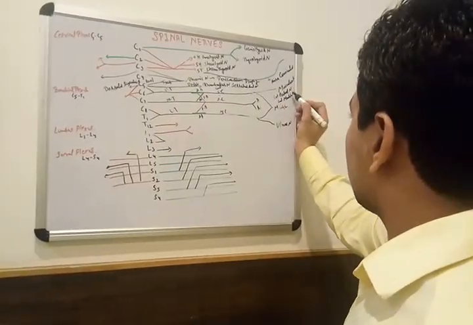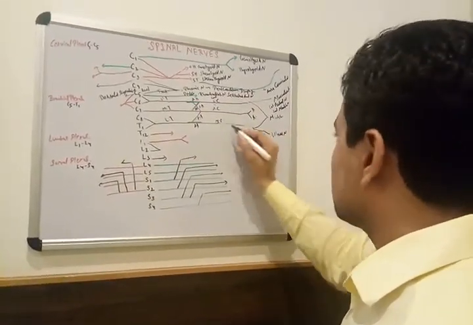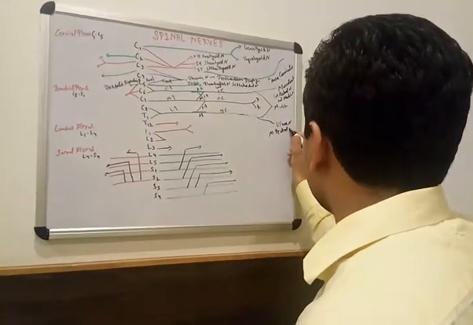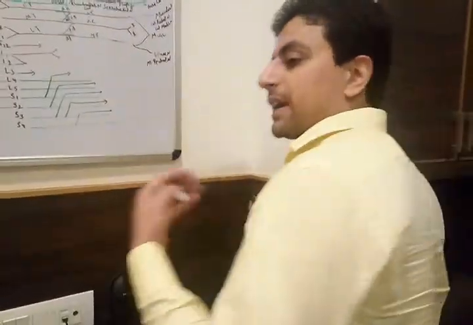Here is the lateral pectoral nerve, and from the medial cord comes the medial pectoral nerve, which supplies the pectoral muscles.